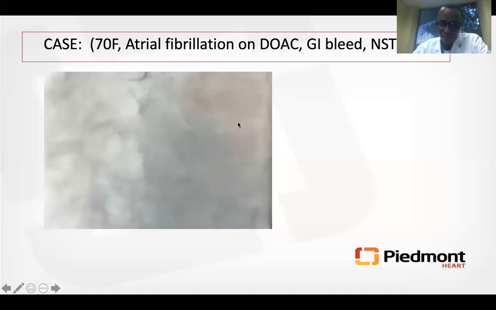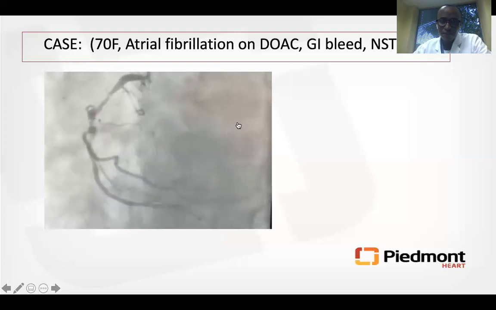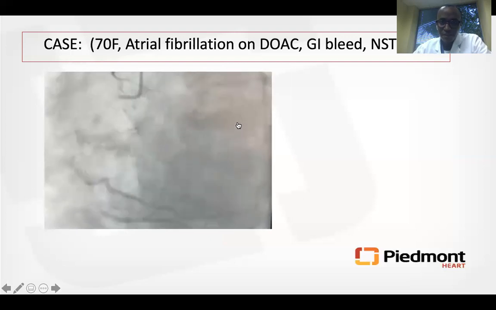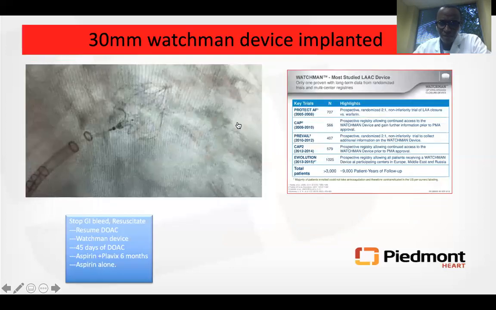This is a patient of mine, a 70-year-old female who has a history of atrial fibrillation on systemic anticoagulation. She subsequently developed GI bleed and presented to the emergency room with severe anemia.